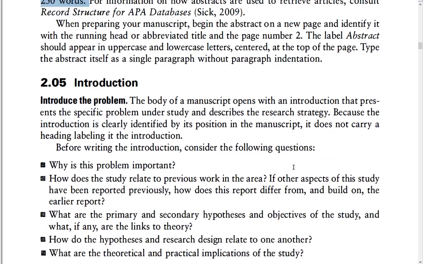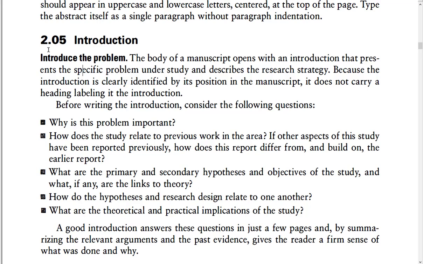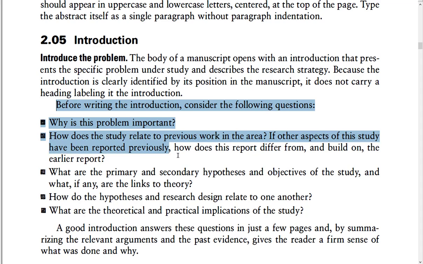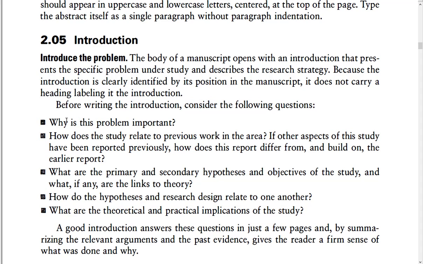From there, we get into the introduction. And one of the things with the introduction, and just as an FYI, you never label the introduction of a paper in APA style. It's just assumed that if it's the first paragraph in your paper, it's the introduction. So we don't have to do that. But here are some questions that they always say that it's good for you to think about. What is the problem? Why is the problem important?